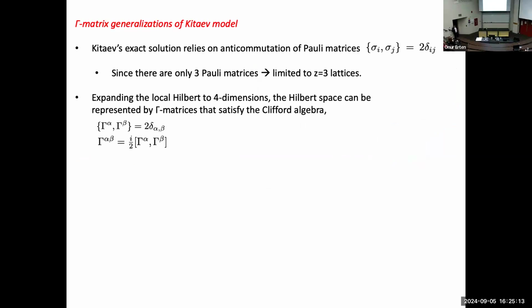But instead of having a spin 1/2, which uses the Pauli matrices, if you have a 4-dimensional local Hilbert space, something like a spin 3/2 operator, instead of 1/2, which has a 4-dimensional Hilbert space, then you can represent the Hilbert space by the so-called gamma matrices that obey the Clifford algebra. These are very similar to the Pauli matrices.